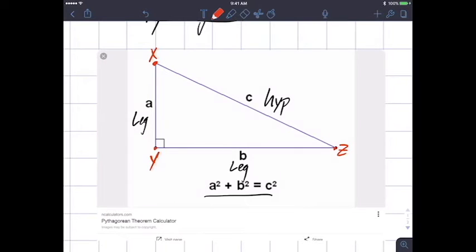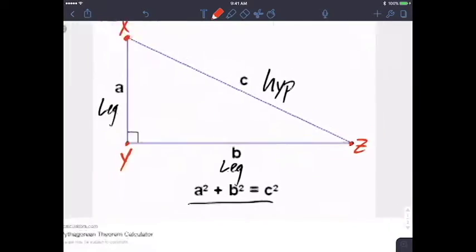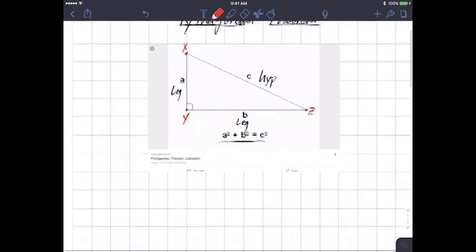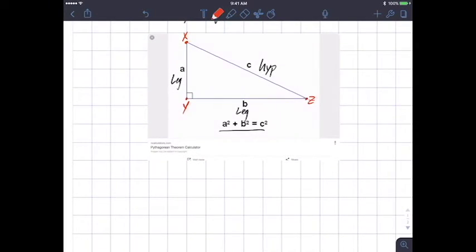Again, that's line segment XY, and then line YZ, and then the hypotenuse is XZ. Okay? So what we're going to do is find the sides of the hypotenuse. Okay, so I'm just going to put in some random numbers, okay?